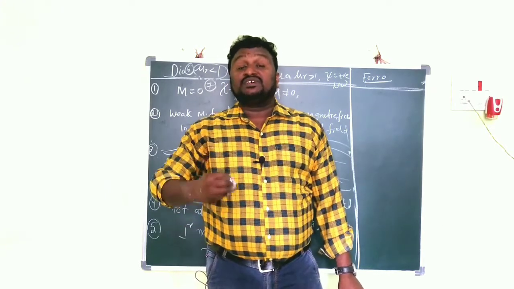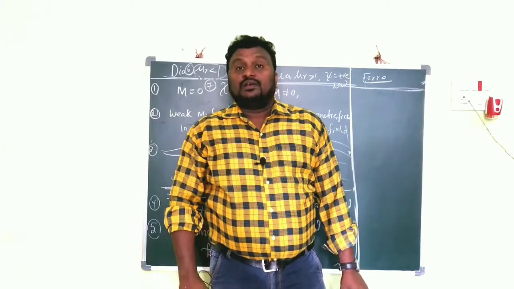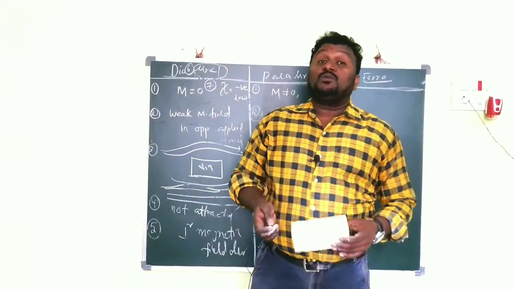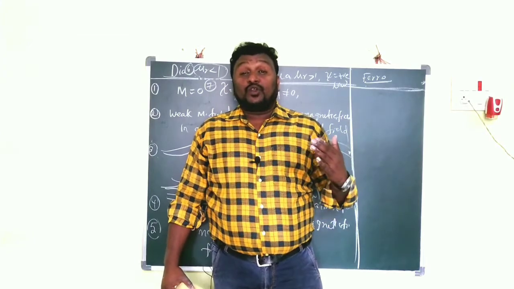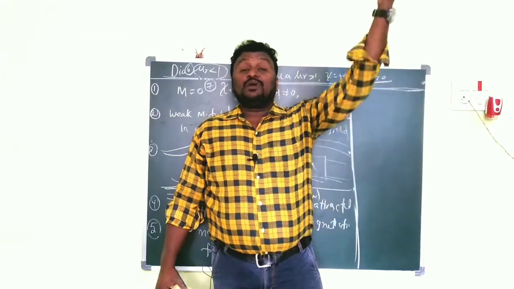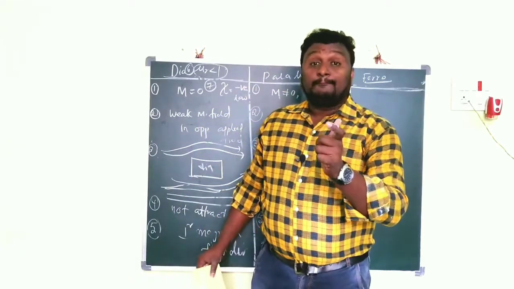That's why they themselves act as magnets, little magnets. Clear? The materials which have the highest value of magnetic moment are called ferromagnetic substances. In a ferromagnetic substance, every magnetic moment acts as a tiny magnet.